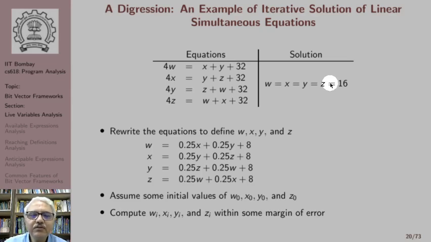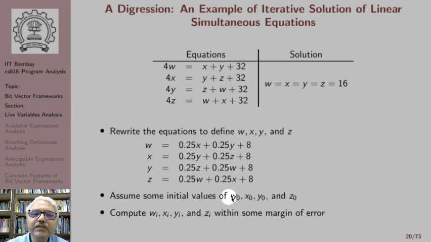In order to solve this system of linear simultaneous equations, we rewrite the equations to define w, x, y, z. All we have to do is divide all the quantities by 4, because we have a factor 4 appearing on the left hand side. So we have these equations written down in this form, and now we'll use this notation.